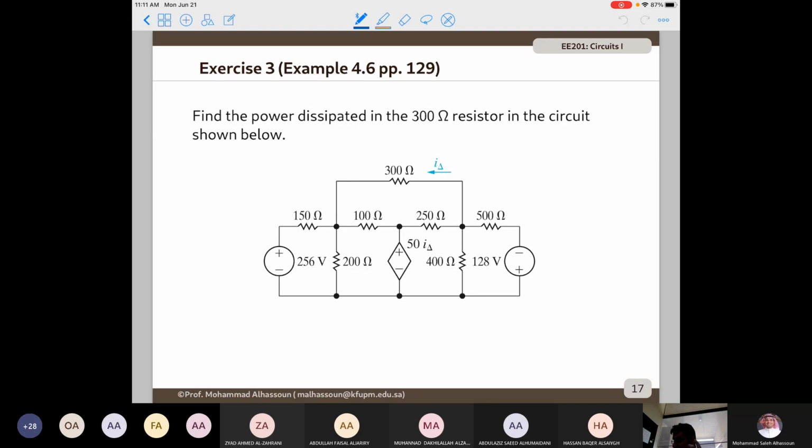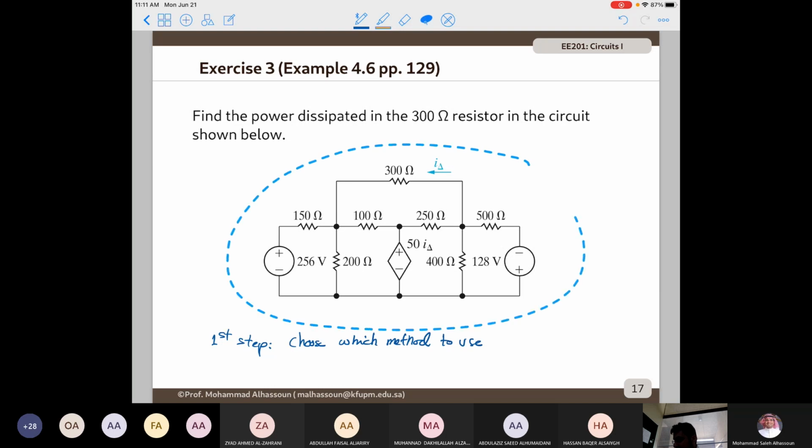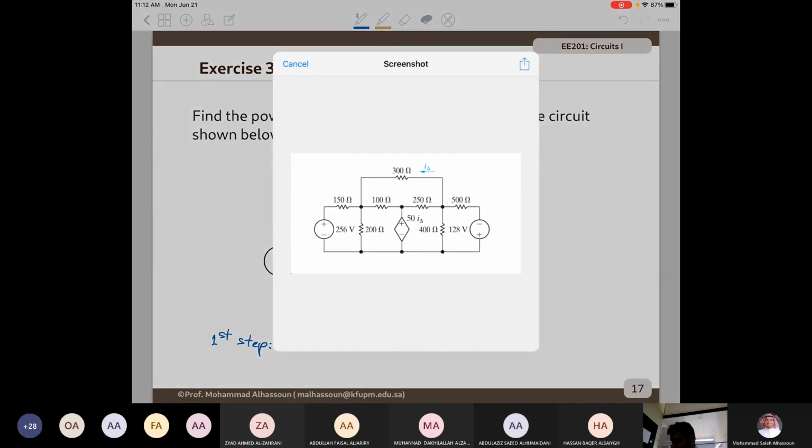So the first step is to choose which method to use. Let's compare these two methods.